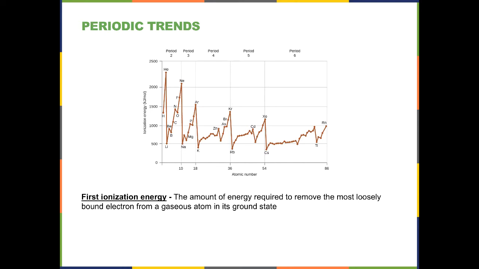Notice if you go across the bottom here: lithium, sodium, potassium, Rb, Cs. If you look on your periodic table, that's group 1. So as you go down the group, the energy goes down. You see that? As you go down the group, the energy goes down.